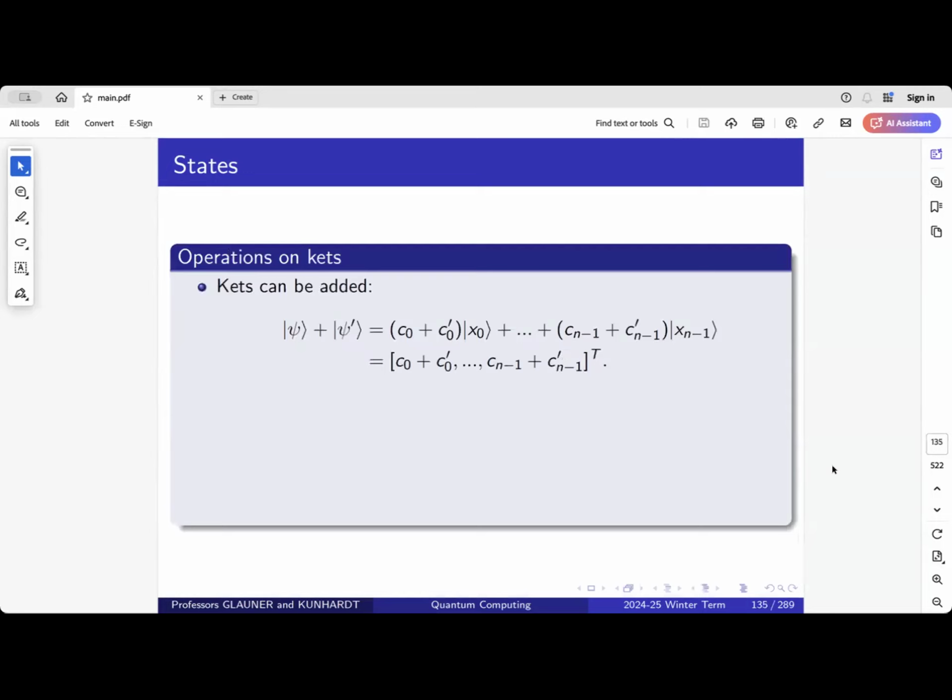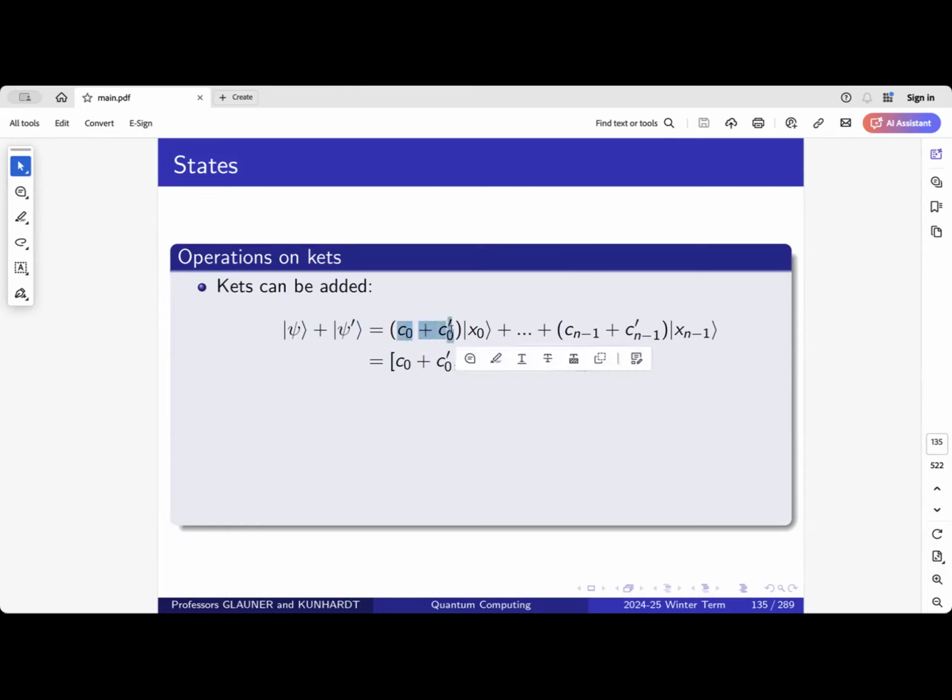There are a few things around the cats that are actually obvious when you know linear algebra. So you have one state, psi cat and psi prime cat. They are the same length. They both contain complex values. So the Z0 is from psi and the Z0 prime is from the psi prime, and you just add these two vectors together.